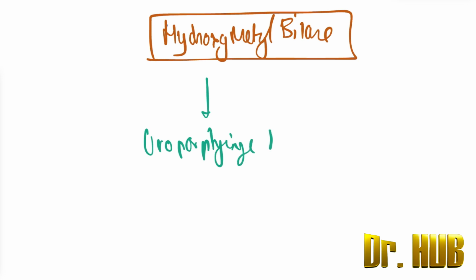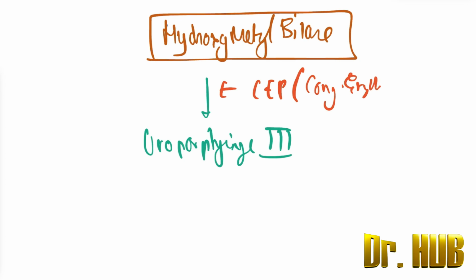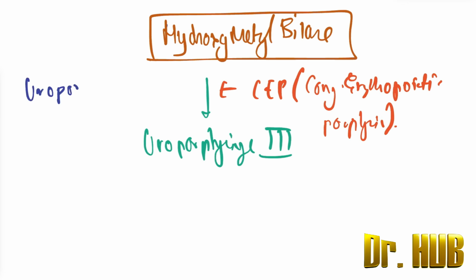What is involved here is CEP, the congenital erythropoietic porphyria. And the enzyme involved is uroporphyrinogen 3 synthase.